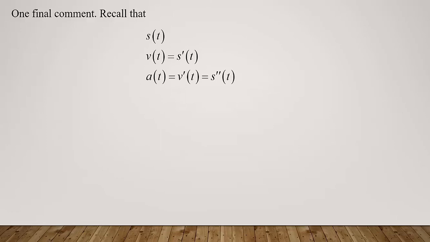We know s of t generally represents a position function. We know v of t is the velocity function. And v of t is nothing more than the derivative of the position function. And then acceleration, that's the derivative of velocity, which means it's the second derivative of position.